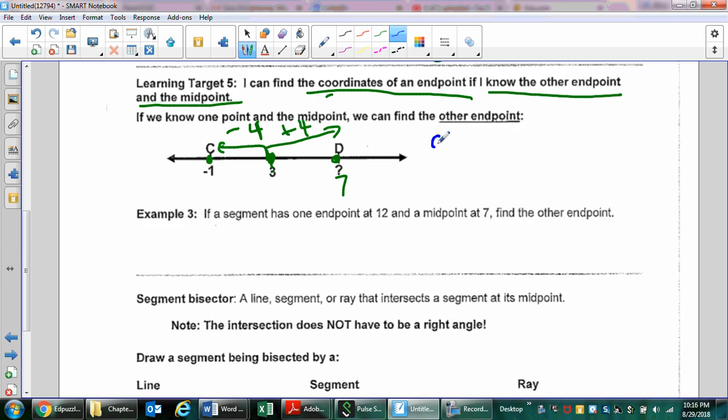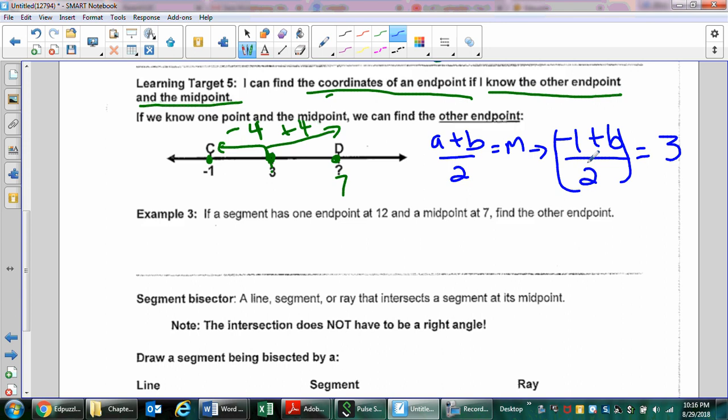The other one is, let's just use the formula. A plus B divided by 2 gives me the midpoint, right? So let's say your A in this case is -1, plus B, which I don't know. When I divide that by 2, I should get the midpoint, which is 3. So -1 plus B, divided by 2, equals 3. Let's do it algebraically.